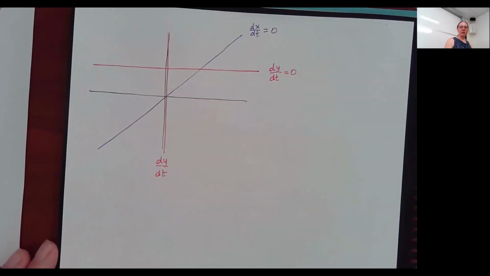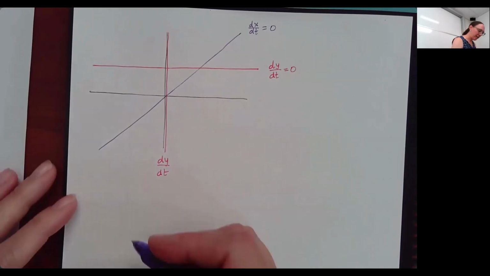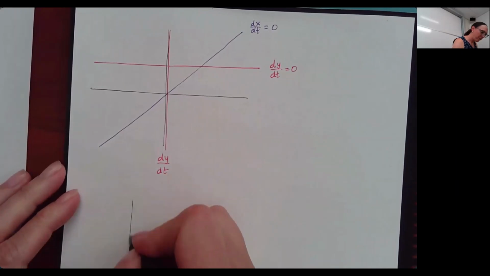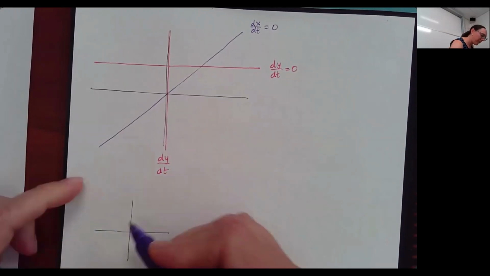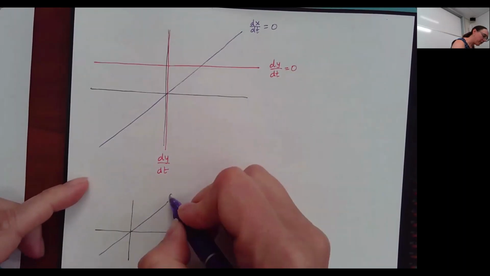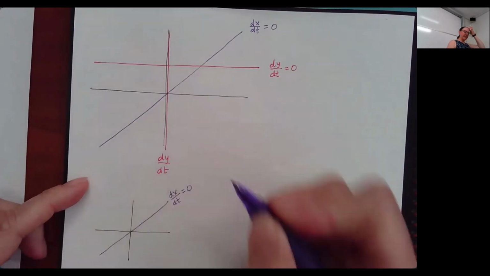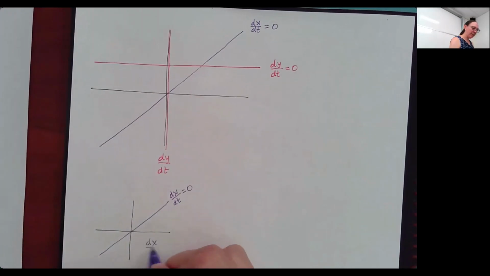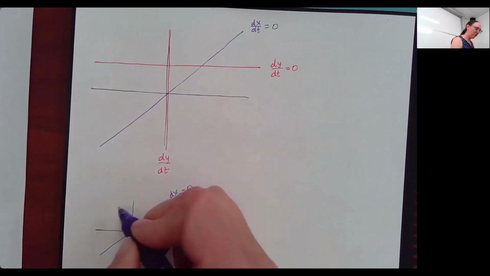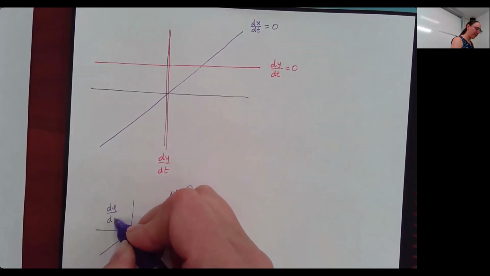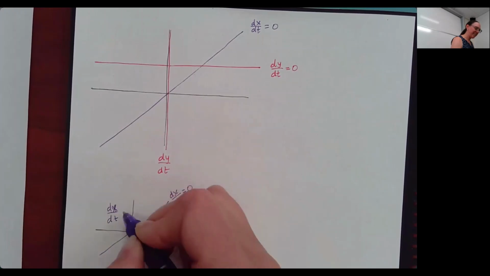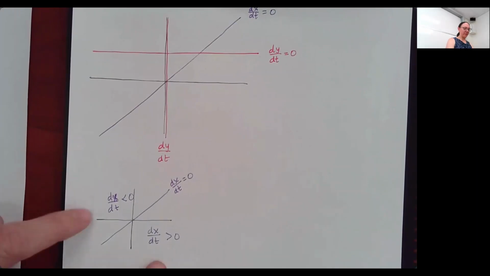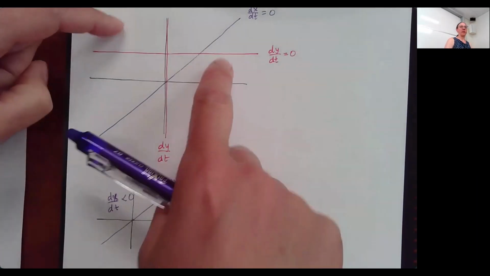So if I look at the dx dt is equal to 0 null cline, and we figured out that out here dx dt was greater than 0, and over here dx dt is less than 0. I'm going to transfer this information onto the null clines over here.